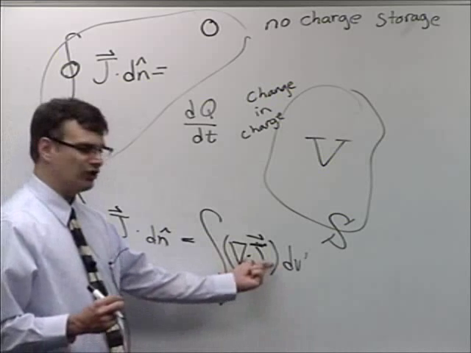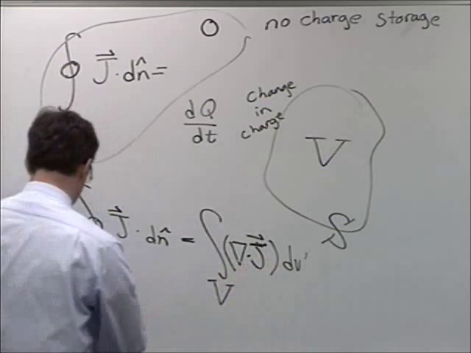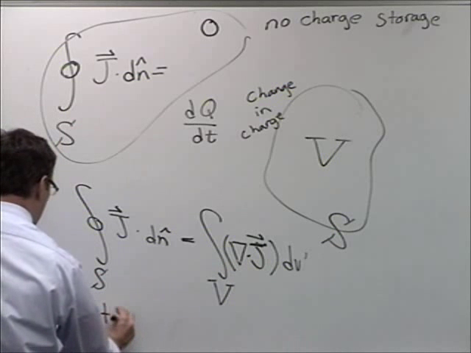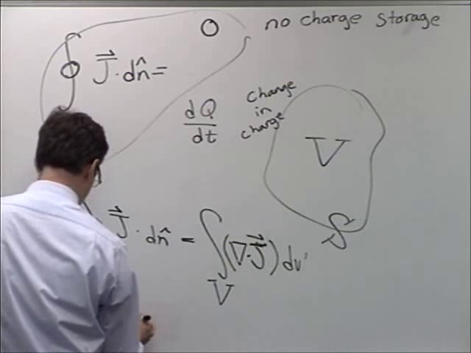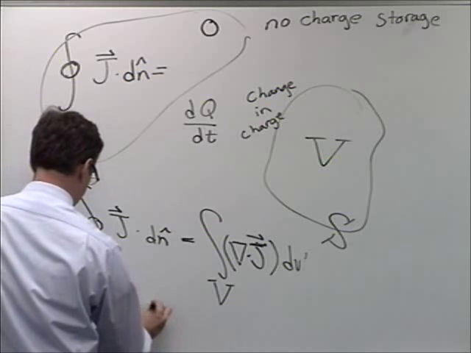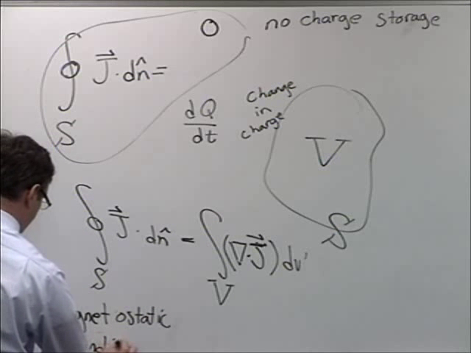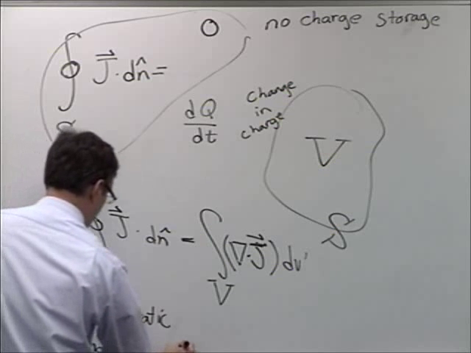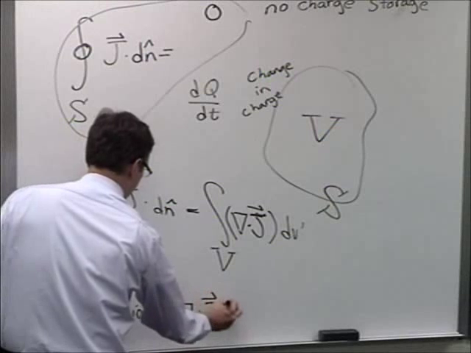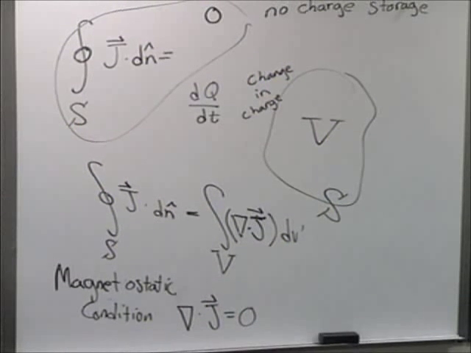And if this is 0 for all regions, for any possible volume you can think of, then the magnetostatic condition could be written even more elegantly as the divergence of J is always 0.